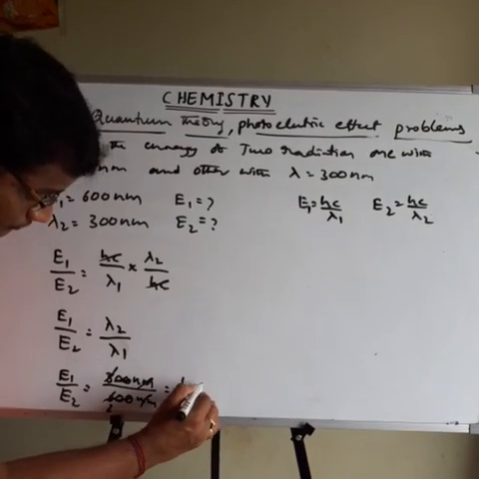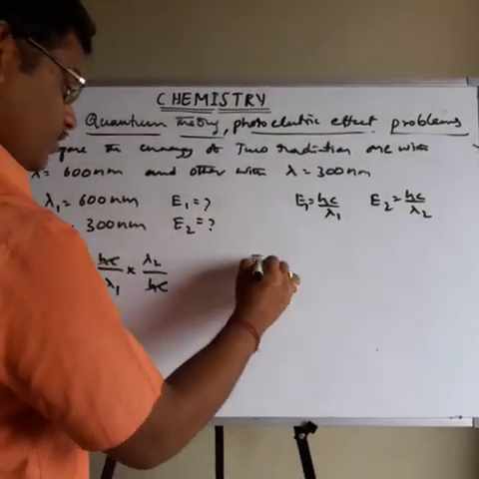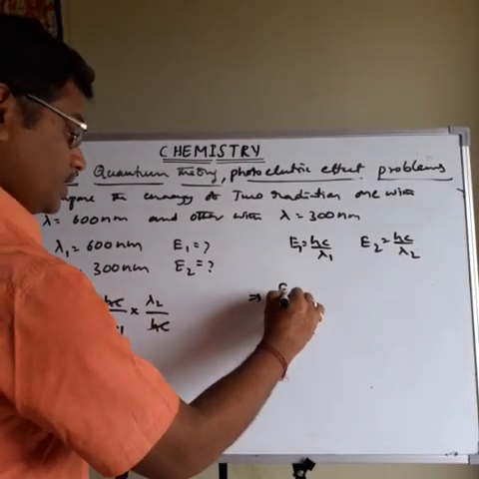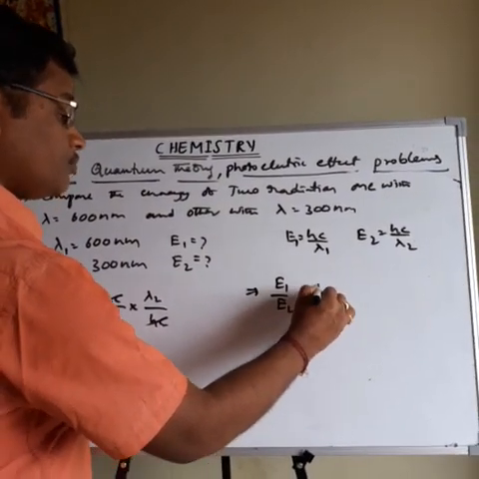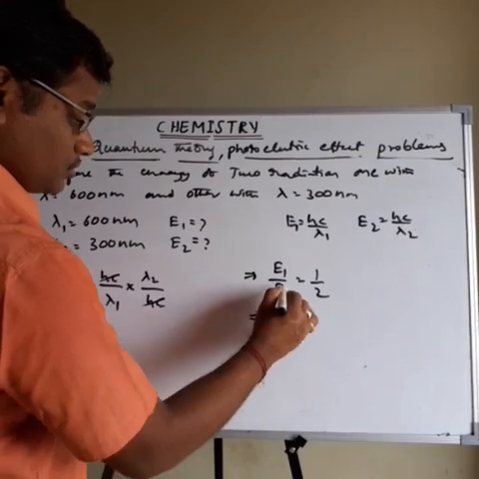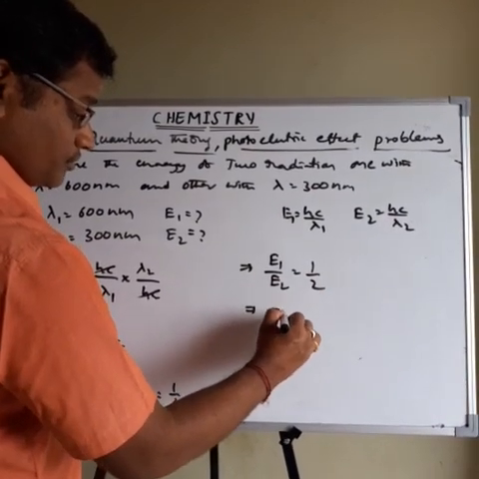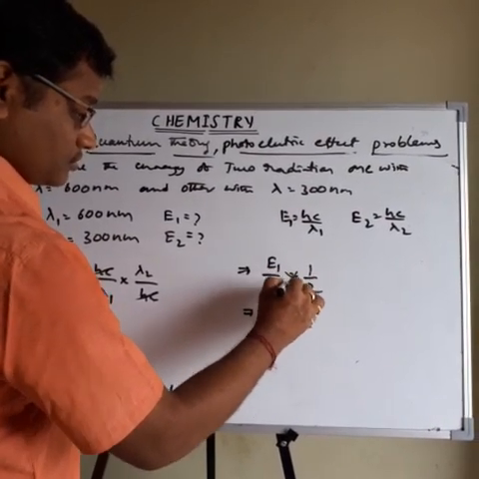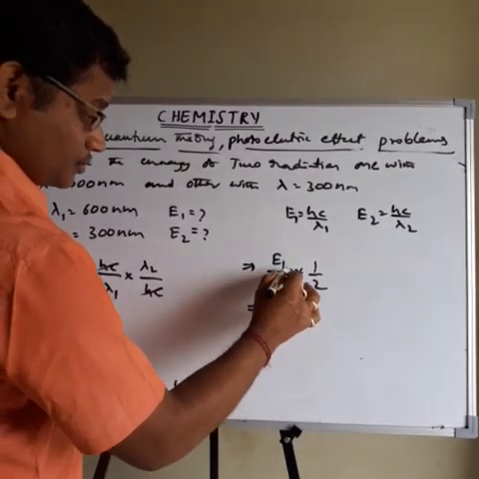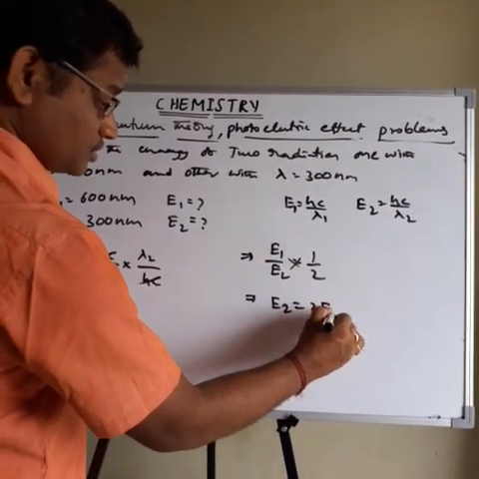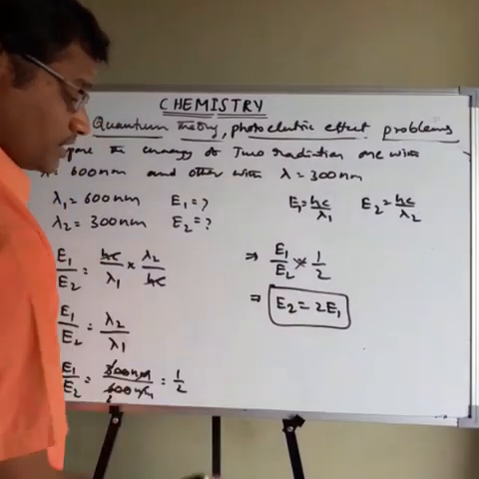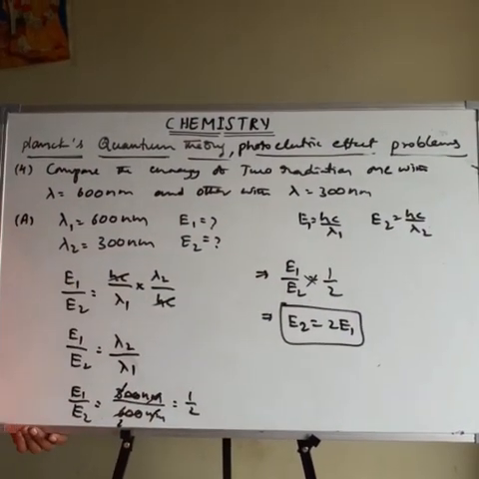So 1 by 2. From this formula, E1 by E2 is equal to 1 by 2, which means by cross multiplication E2 is equal to 2 into E1. So this is the comparison of energy.